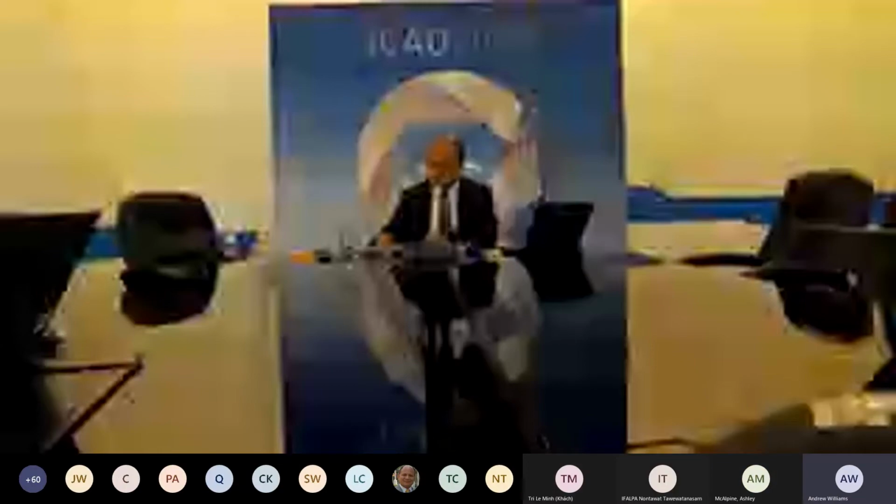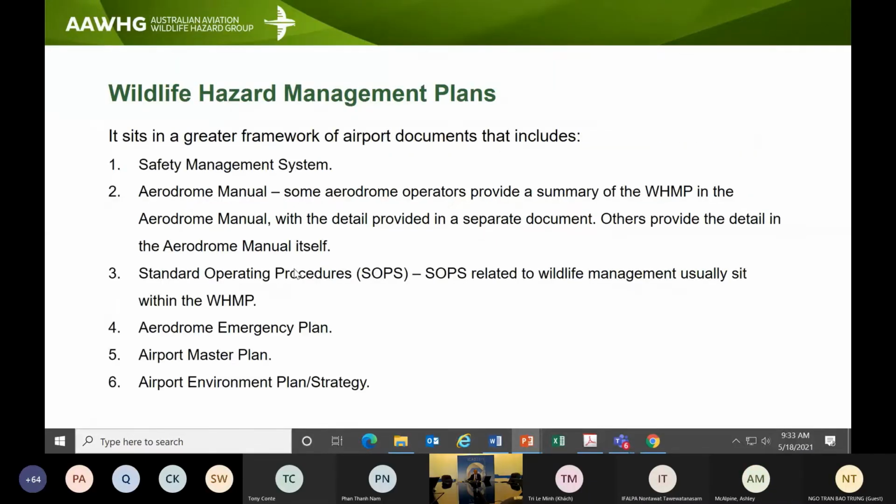And as we move on to the next slide, the WHMP itself sits within a greater framework of airport documents. So these documents include the safety management system, so the top-down or organisational approach to managing safety risk, the aerodrome manual.